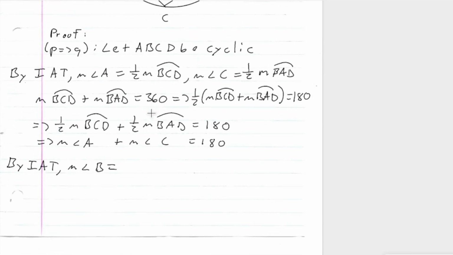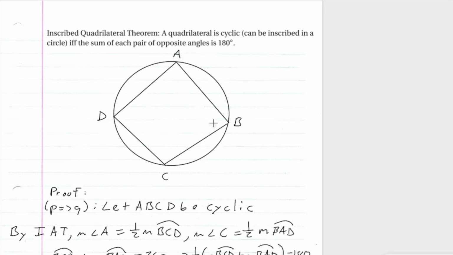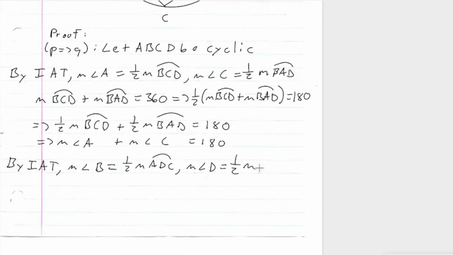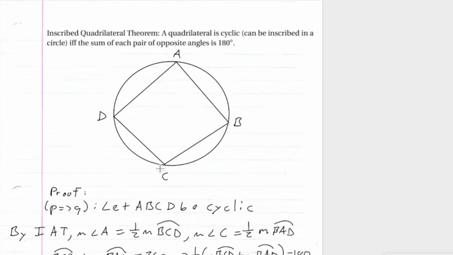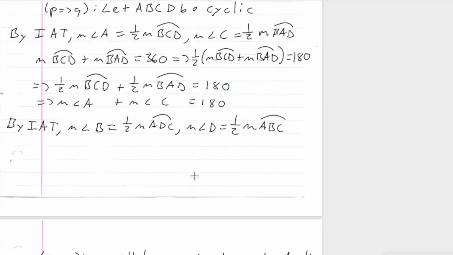So by the inscribed angle theorem, we know the measure of angle B is equal to half of ADC, and the measure of angle D is equal to half the measure of ABC. We know that ADC plus ABC is 360.